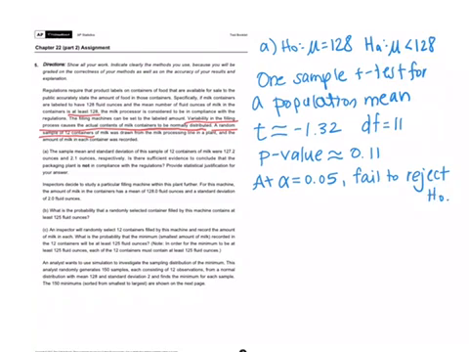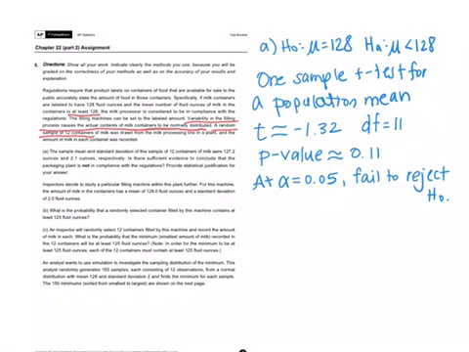So if you're failing to reject the null, that means we are leaving in play the idea that the mean is 128 ounces. So what we would be saying then is we have evidence to indicate that the company is in compliance with what they are stating on their labels.